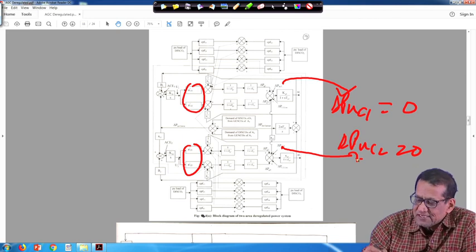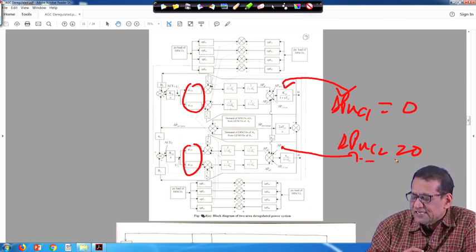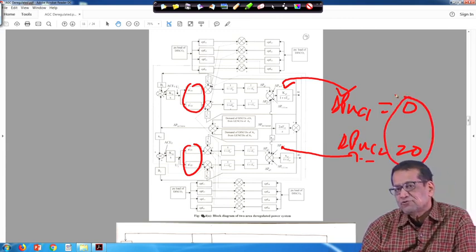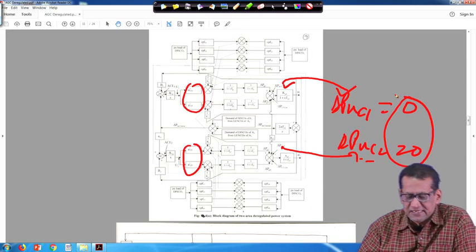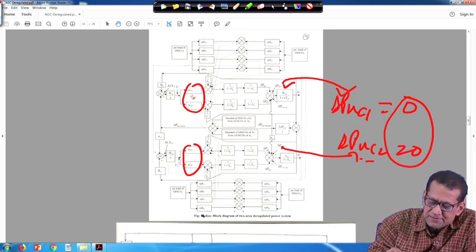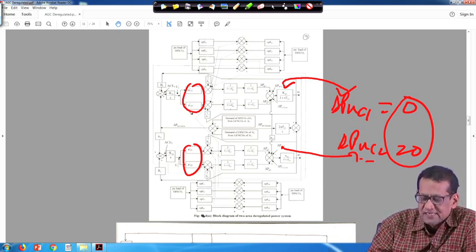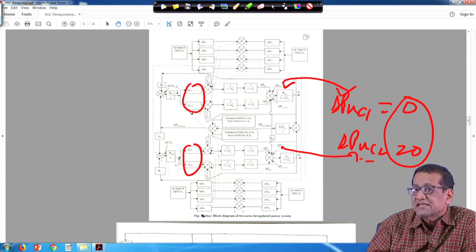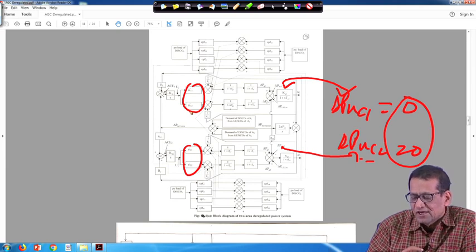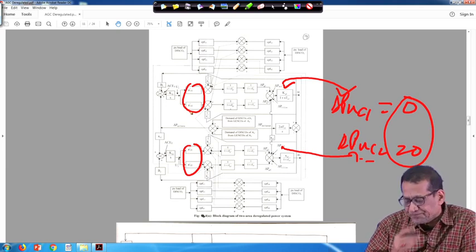That is reflected here as delta PUC1 and here as delta PUC2. If there is no uncontracted power demand, then the AC participation factor has no effect on the steady state. It only has an effect during transient conditions.